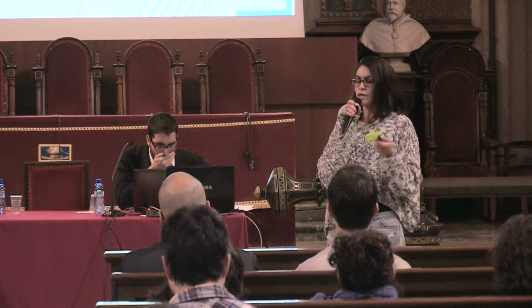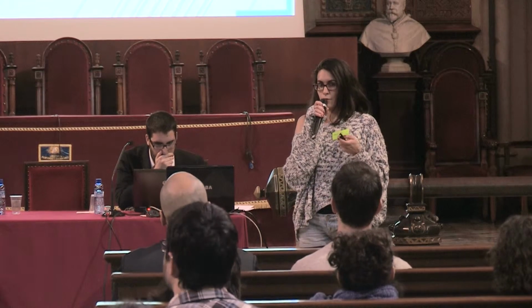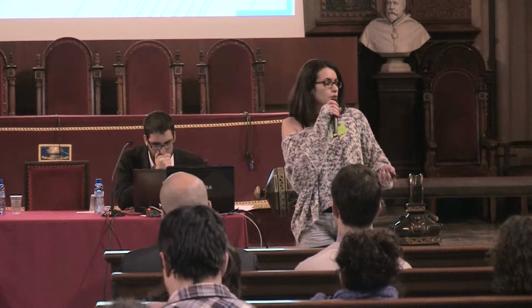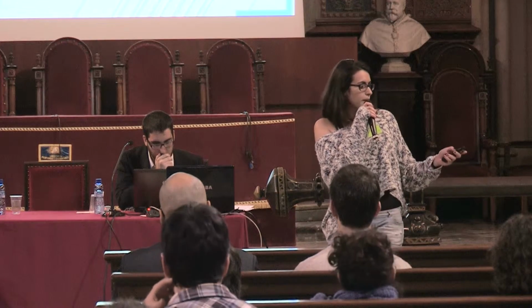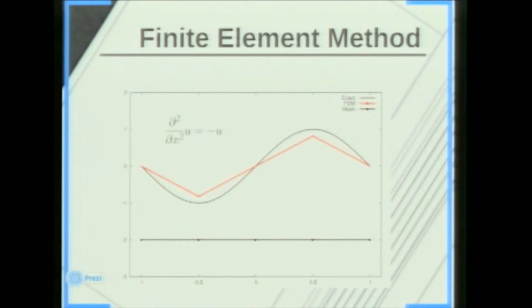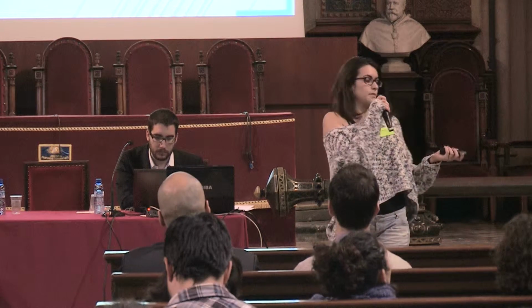But the result is that the PDE becomes a set of linear equations, which can be transformed into a matrix-vector problem that can be solved with a computer. If I split the domain in 4 parts, this is the result that I obtain. In this case, the result is not very good, but we know that if we refine the mesh, I mean, if we make the elements smaller and smaller every time, we will converge to the exact solution. So this is how it works, and this example is very simple.